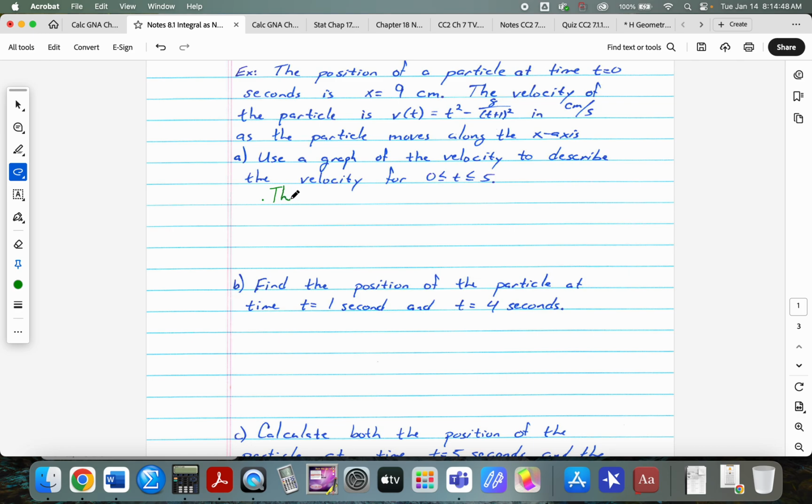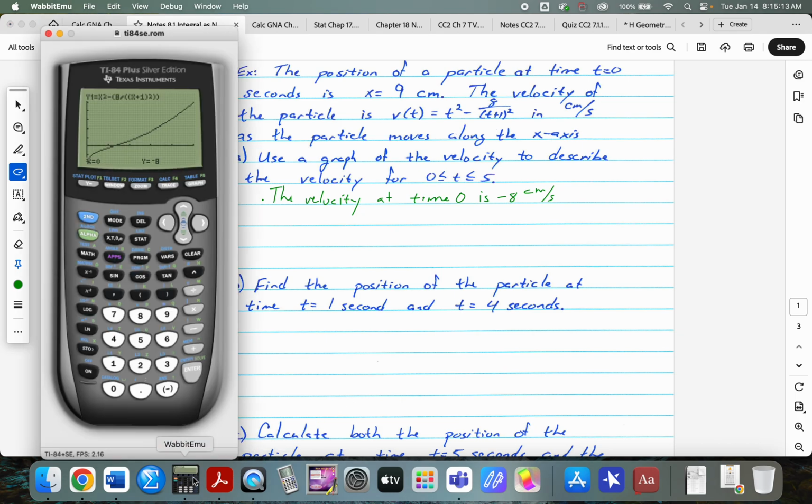So the velocity at time 0 is -8, and that would be centimeters per second. They told us what that was. And what do you notice about the velocity? Just anything. Going up. Yeah, so the velocity is always increasing.